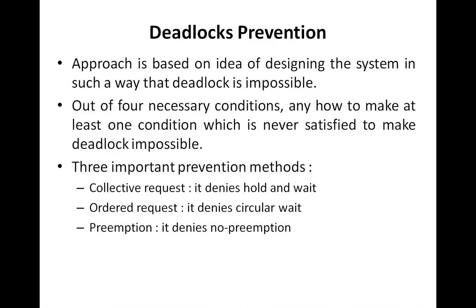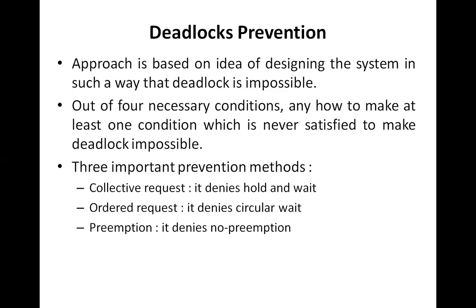But in general, it is not possible to prevent deadlock by denying the mutual exclusion condition, because we have some resources which are internally non-shareable, and it is not possible to devise an alternative way of using them. So the denial of the mutual exclusion condition for deadlock prevention is rarely used.